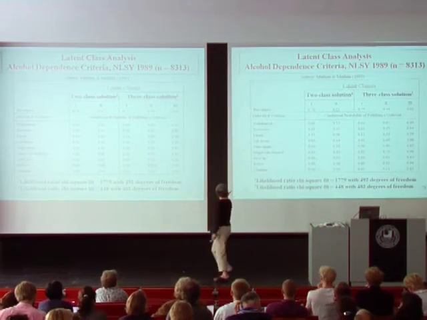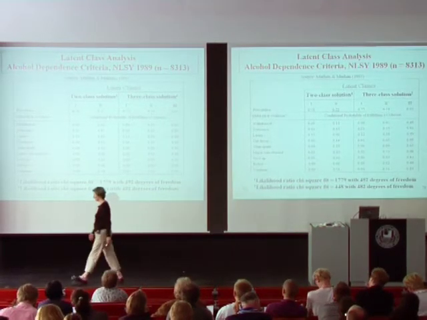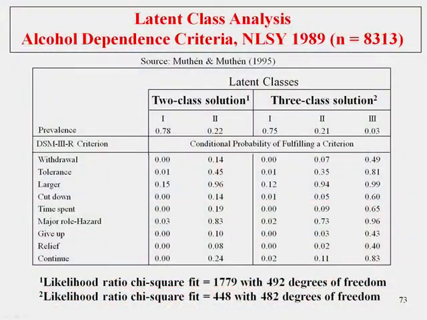So if you take a look at the table that's on both screens, what we're looking at here is the national study, as Bengt said, from the NLSY, on alcohol dependence criteria, the variables that we're looking at. And we're looking at a latent class analysis.